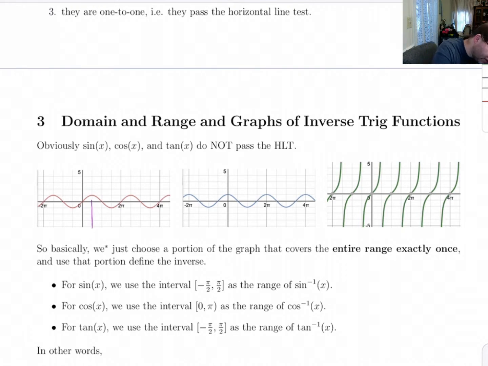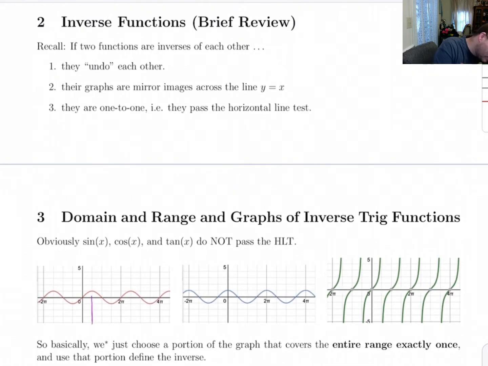Before we do this with trig, let's talk about this for a second. Let's say you have y equals x squared and y equals square root of x. In some sense, those are inverses of each other, but not quite, because y equals x squared, if you graph it out, you get this. And that's not one-to-one. If we want to define this as its inverse, what we'd have to do is come over here and get rid of half of this.